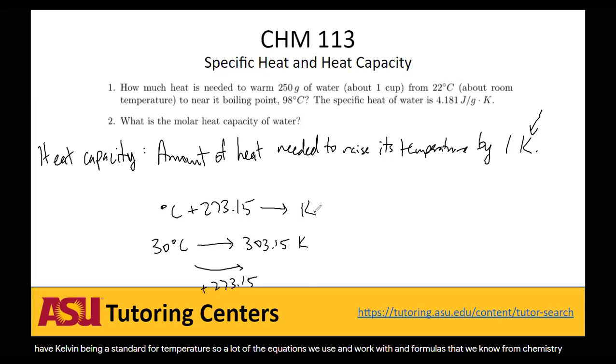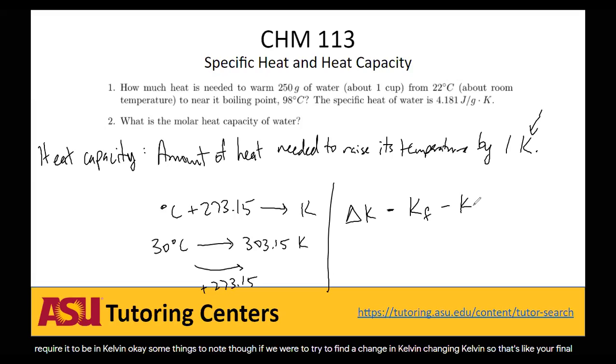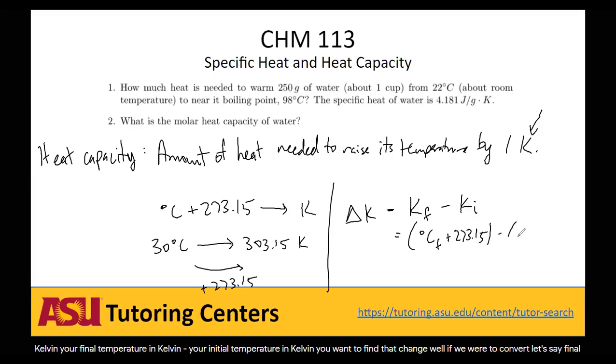Okay, some things to note though. If we were to try to find a change in Kelvin, so that's your final temperature in Kelvin minus your initial temperature in Kelvin, well, if we convert these Kelvins into degrees Celsius, this would be your final degrees Celsius plus 273.15, and this would be your initial degrees Celsius plus 273.15.